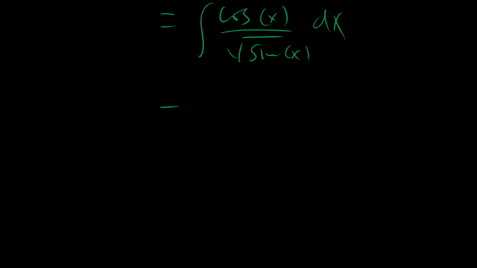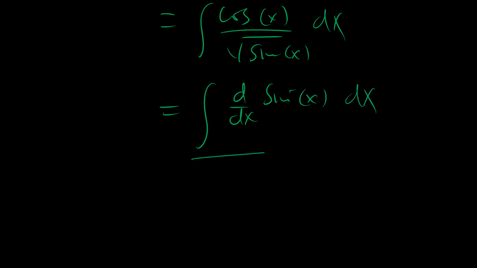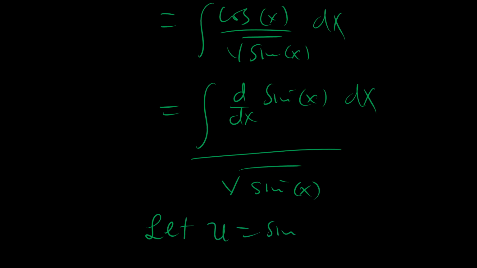And as we can see, since we have our integral as cosine x over square root of sine x dx, cosine x is the same as the derivative of sine x, right? And so it's very easy to say let u be equal to sine x.